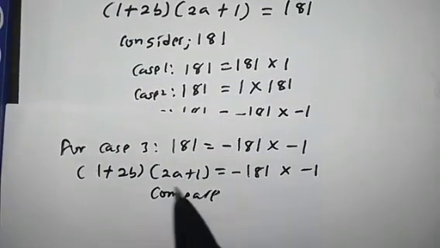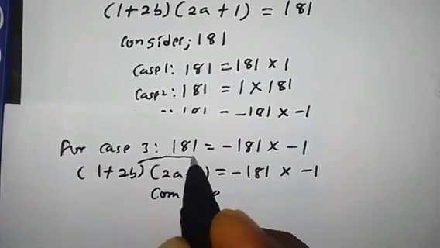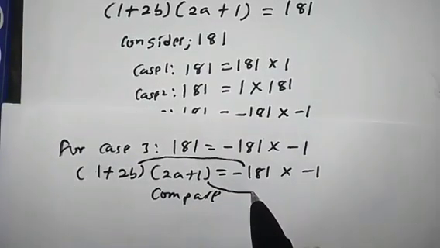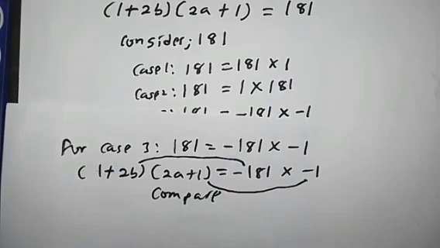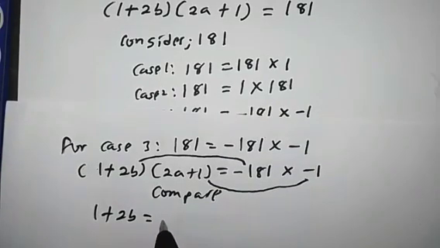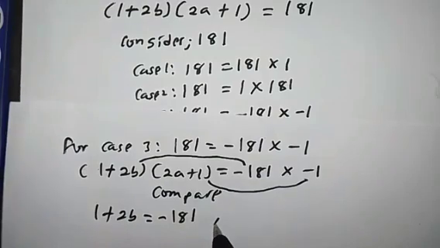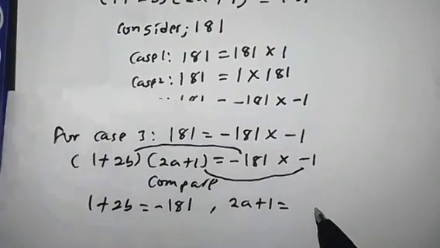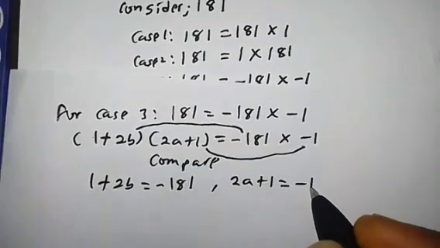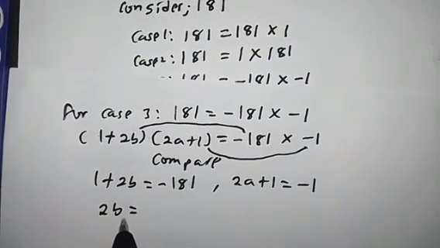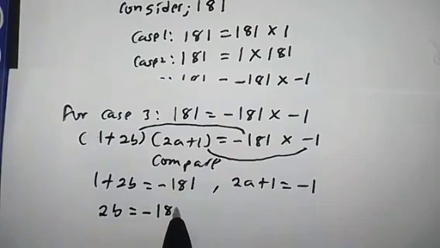So let us compare. 1 plus 2b will be equal to minus 181 and 2a plus 1 will be equal to minus 1. From this line, 2b equal to minus 181.